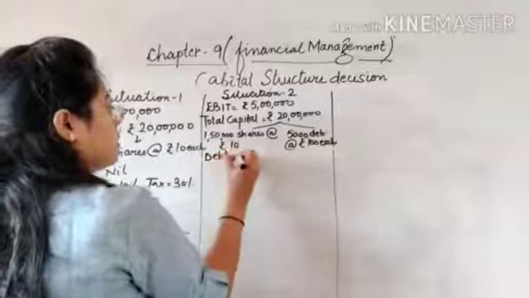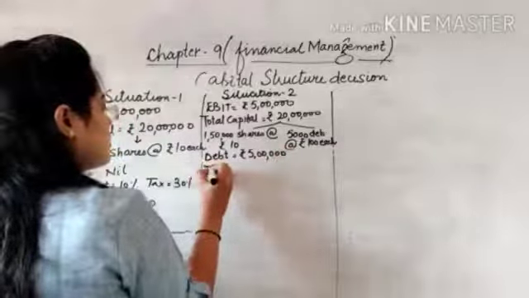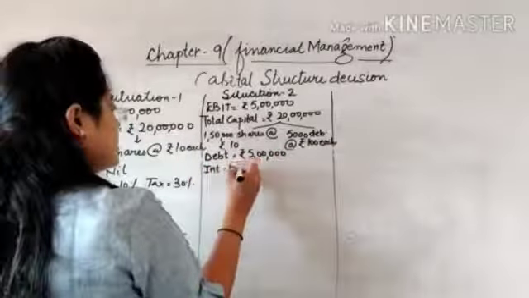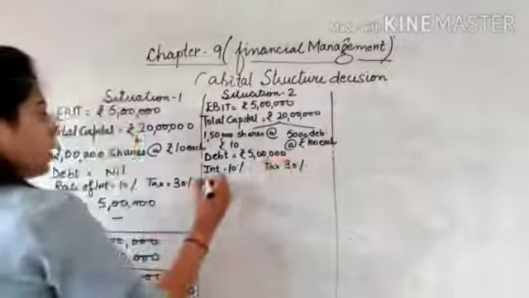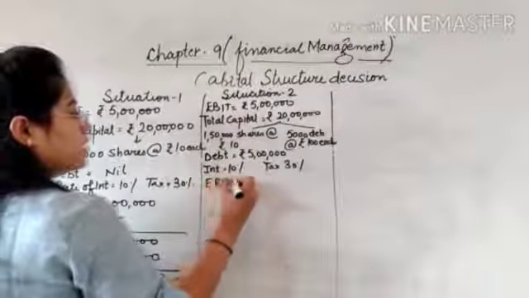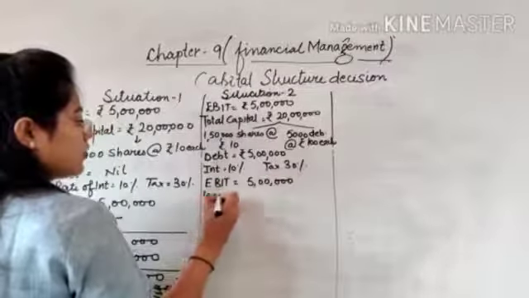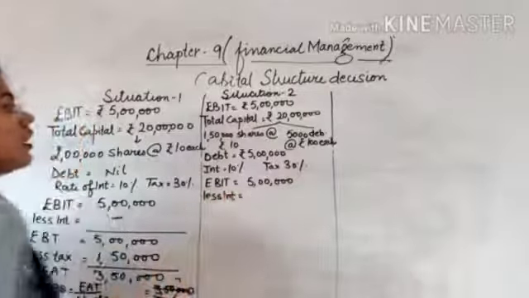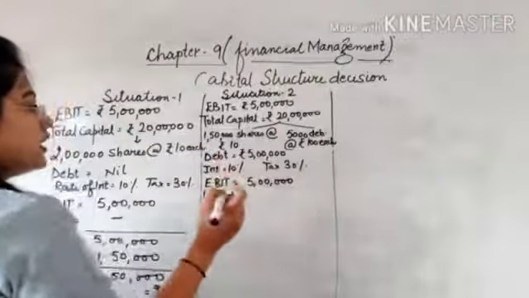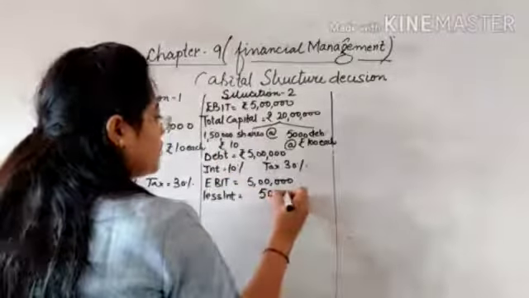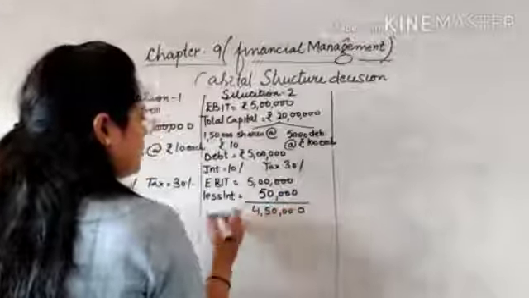Debt rupees 5 lakh, interest 10%, tax 30%. Now EBIT 5 lakh, less interest: 5 lakh at 10% is 50,000.